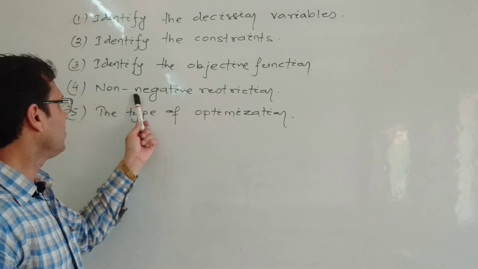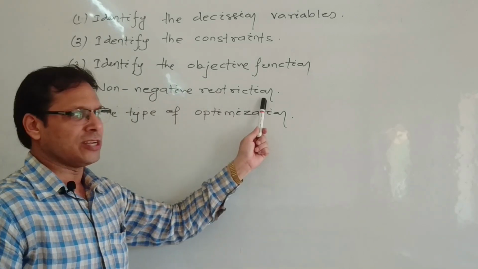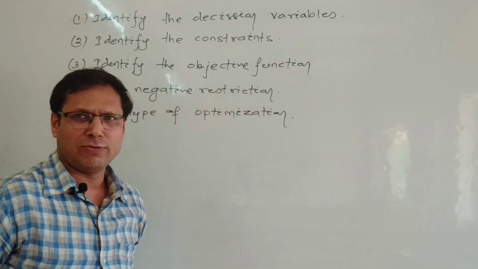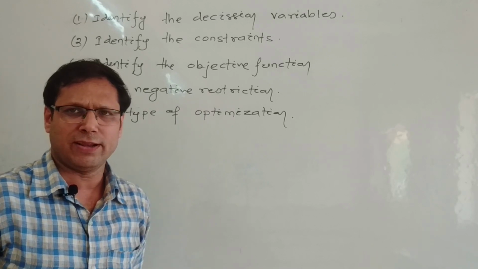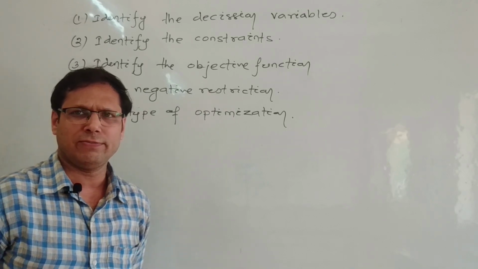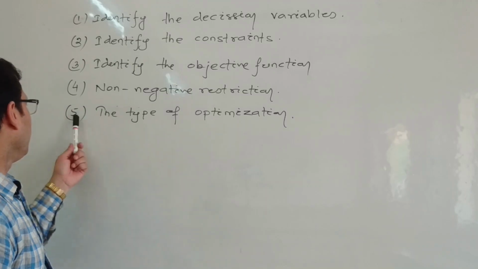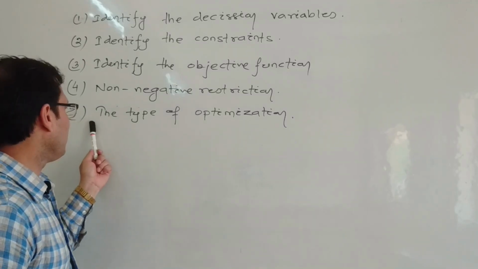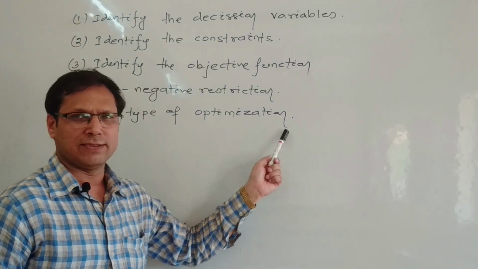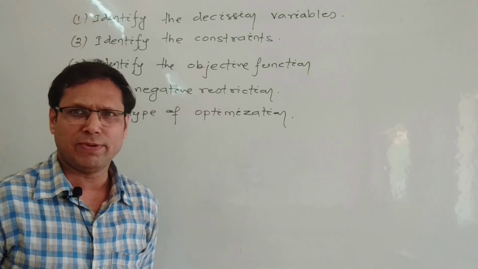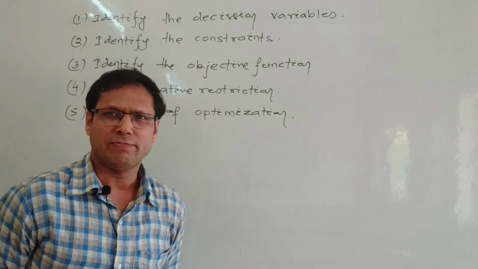In the fourth step, non-negative restriction: the unknown variables, that is the decision variables, should follow non-negative restriction. In the last step, that is the fifth step, the type of optimization, that means it may be maximum or it may be minimum.